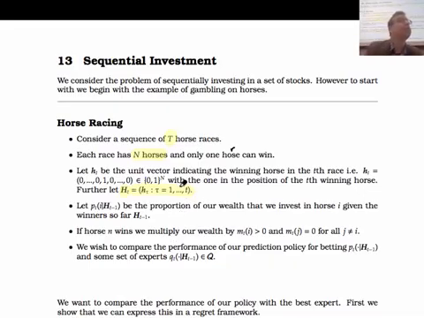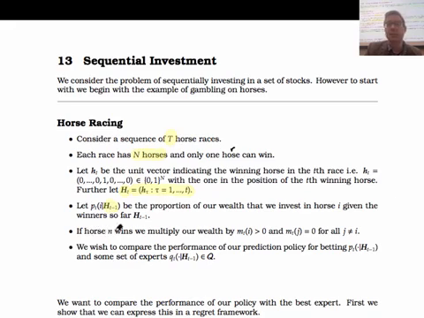Now, what we want to do is, given the history that we've observed so far, so given capital H_{t-1}, all of what's happened up until time t, I want to place some proportion of my wealth on horse i. So p_t(i) is the proportion of my money that I'm going to put on horse i for winning in the t-th race.